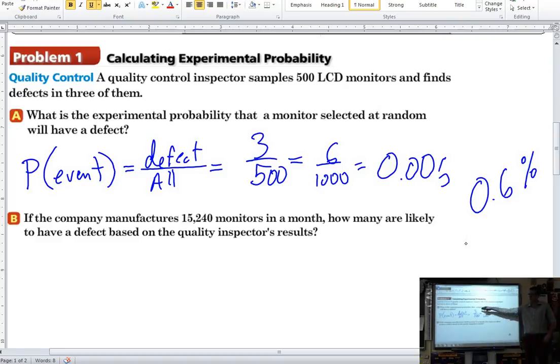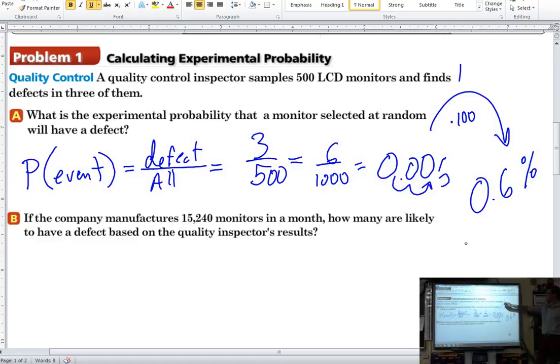That makes sense, because 5 out of 500 would have been 1 percent, because that's like 1 out of 100. So we know this works out because we have all the math. Why is it 0.6 and not 0.006? Because when we convert to percent, we move our decimal 2 places, because we multiply by 100 to convert to percent form.